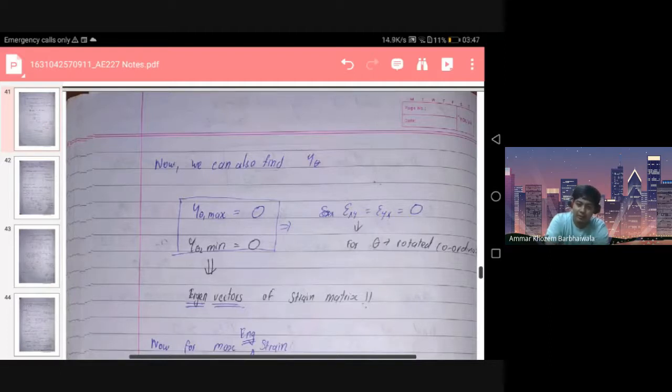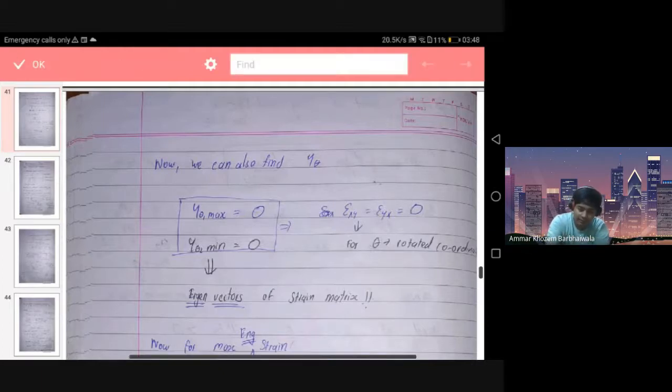At the thetas at which the strain is maximum and minimum, the shear strain is 0. So at theta max, gamma equals 0, and at theta min also gamma equals 0, which implies that epsilon xy and epsilon yx both are 0 at that angle theta.